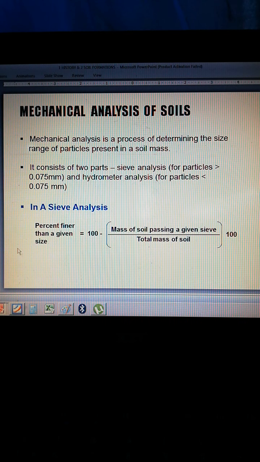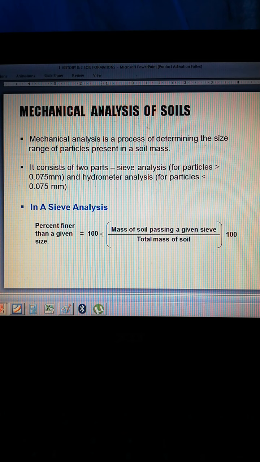So this percent finer will be about your sieve size. Then this is in percent. This is the 100% of your mass of soil. 100%. If for example you have a 100 gram, then that original 100 gram will be 100%.